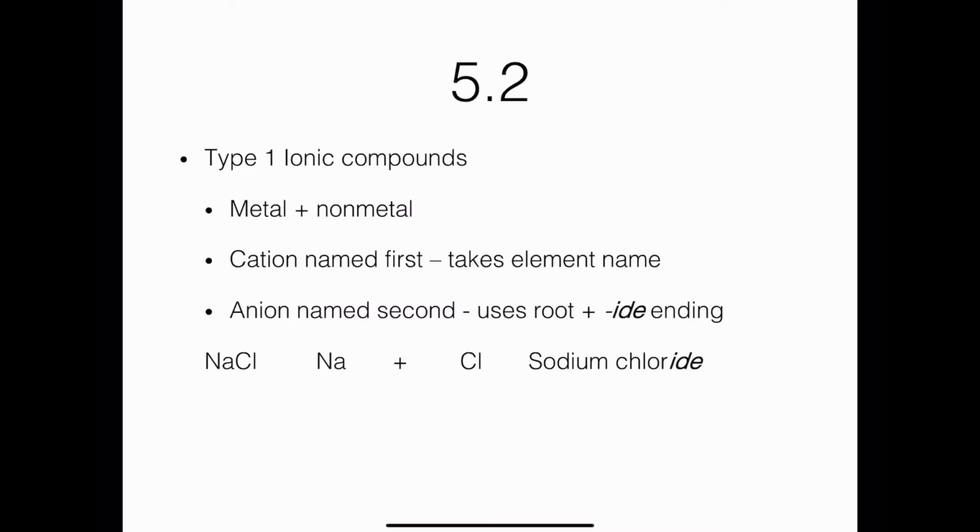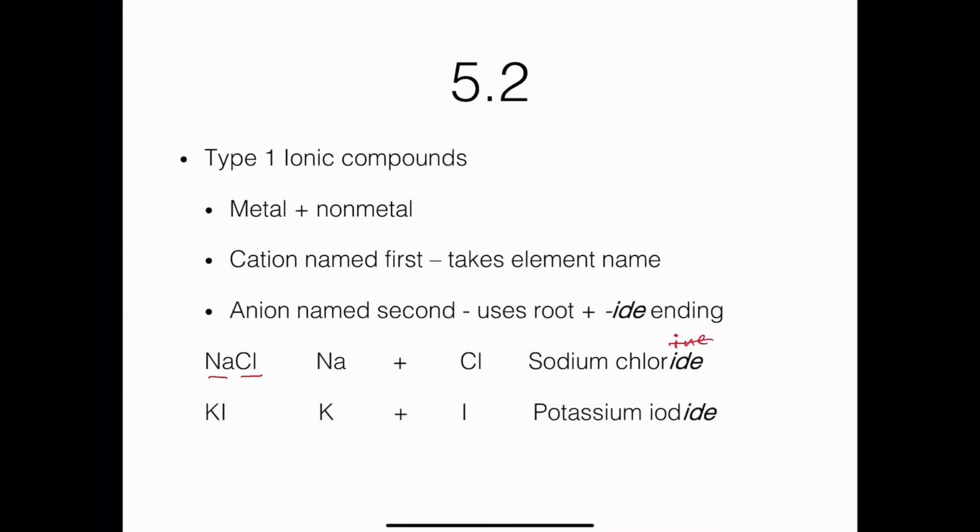This is made of Na, and it's also made of Cl. We can locate their names on the periodic table, and then we can see that Na is sodium and Cl is chlorine. But what we would need to do in order to observe naming rules is to take off the INE ending of chlorine, and we would change that to IDE.